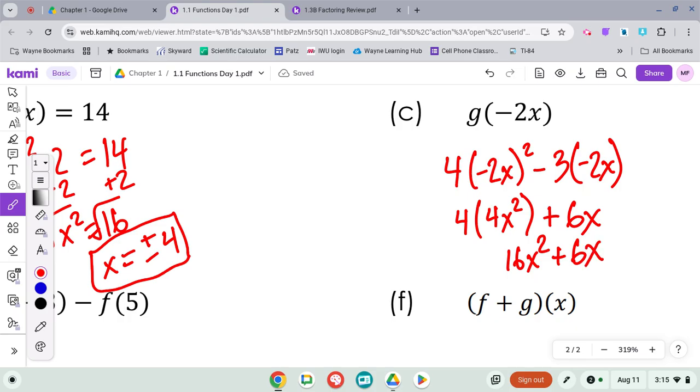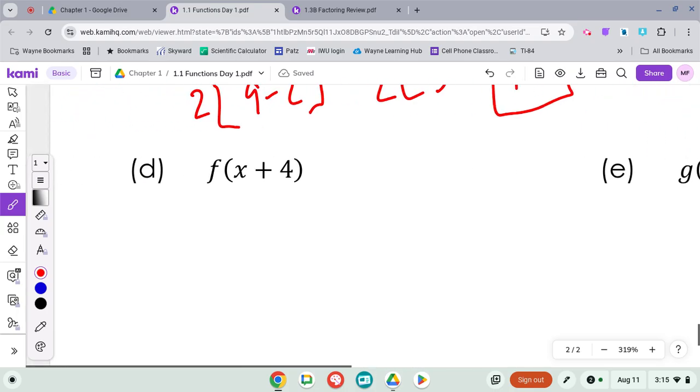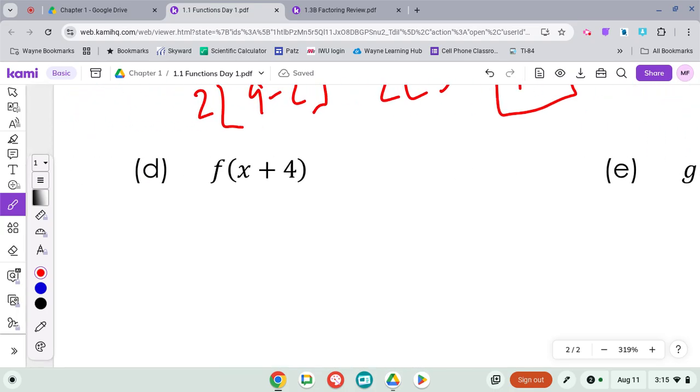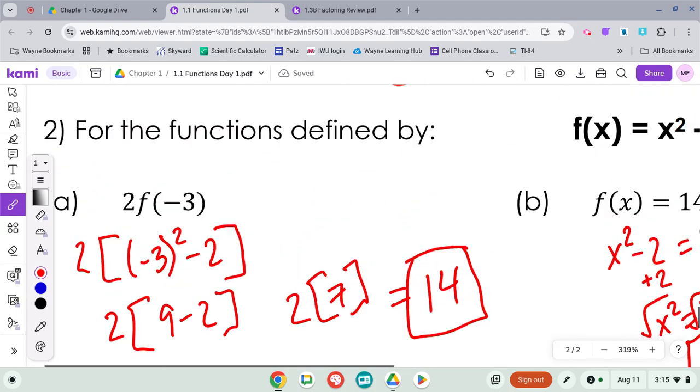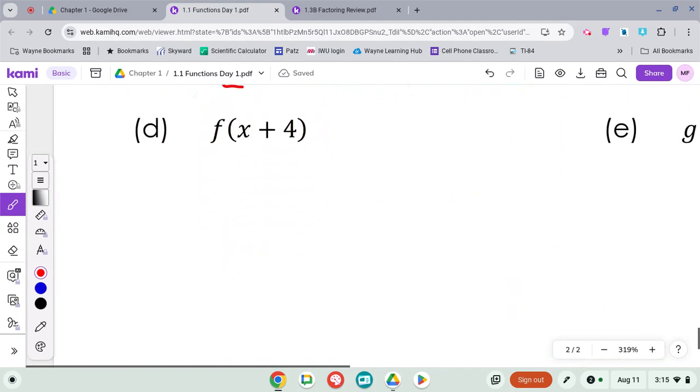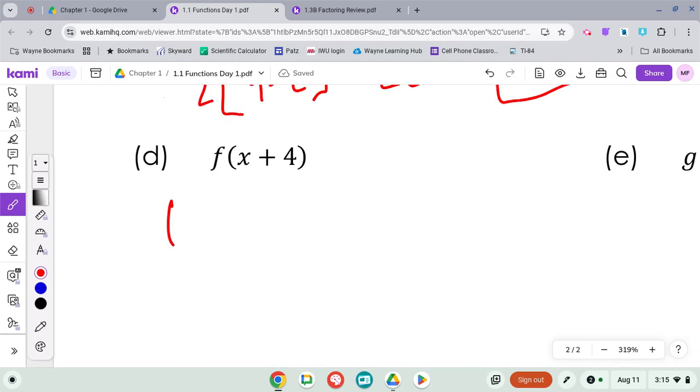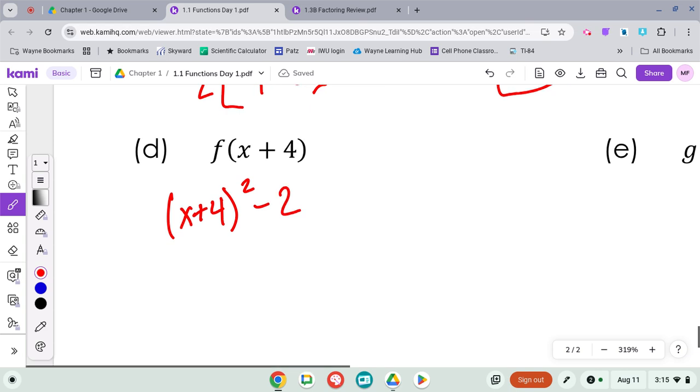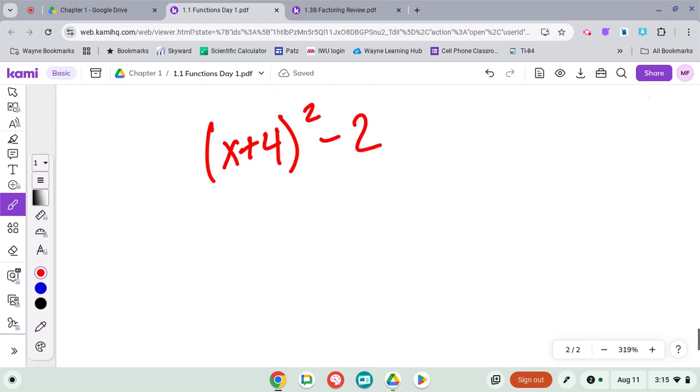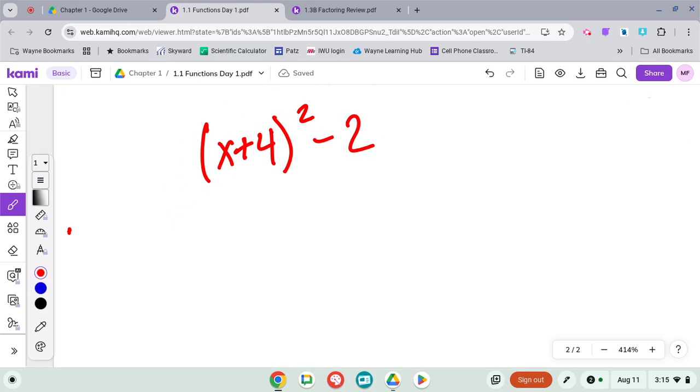All right, 3 more. F of x plus 4. So in this one, everywhere there's an x, remember we're using that x squared minus 2. So we're going to take x plus 4 squared minus 2. Okay, for this one, x plus 4 squared, this one is probably where people will make mistakes on this problem. X plus 4 squared does not mean x squared plus 4 squared.